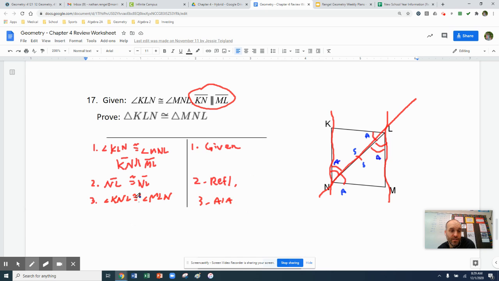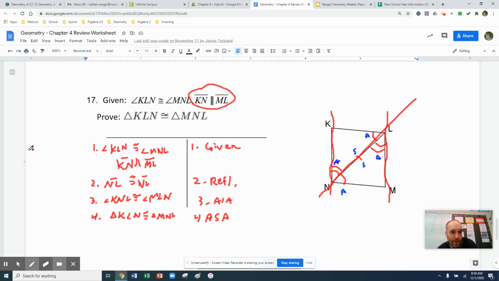So I've got angle, side, angle. So now I'm just going to copy the exact same congruent statement, number 4 here. I'm going to copy triangle KLN is congruent to triangle MNL. And that's because of ASA.